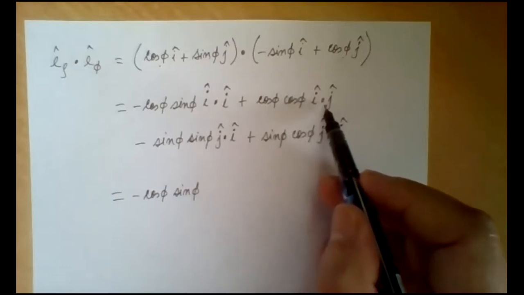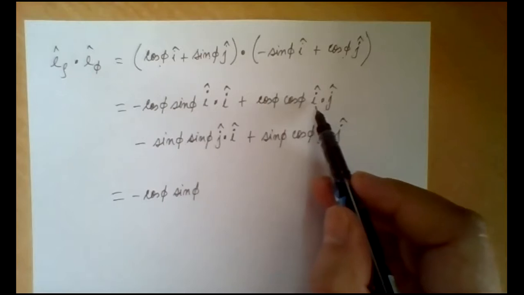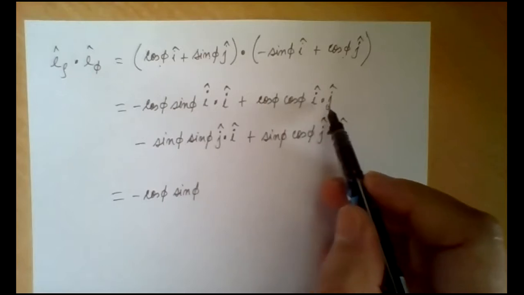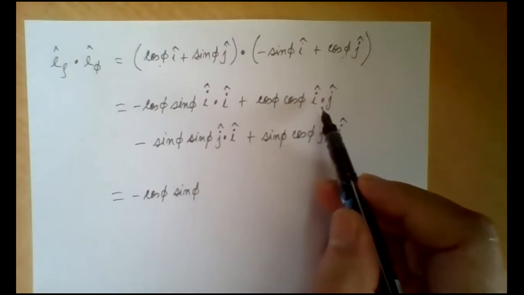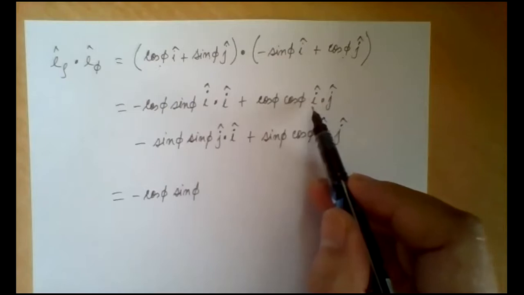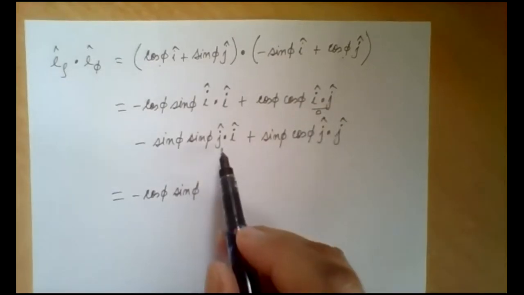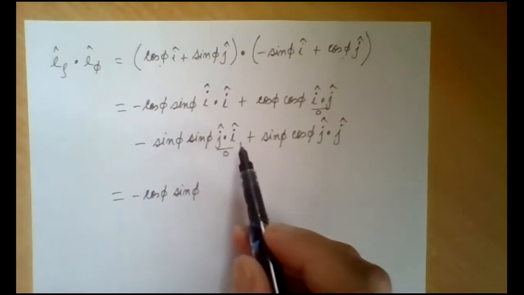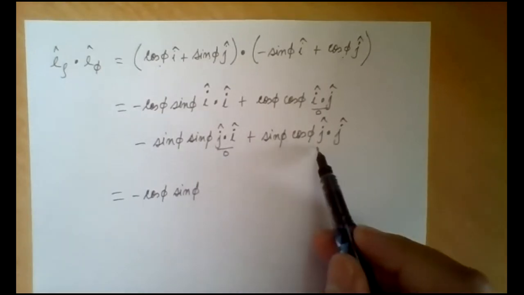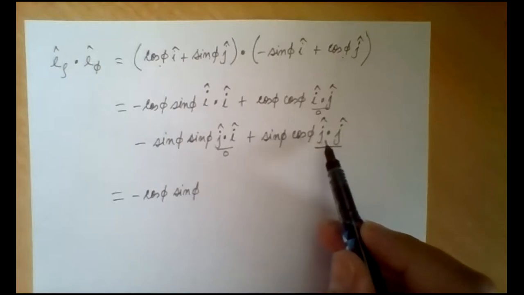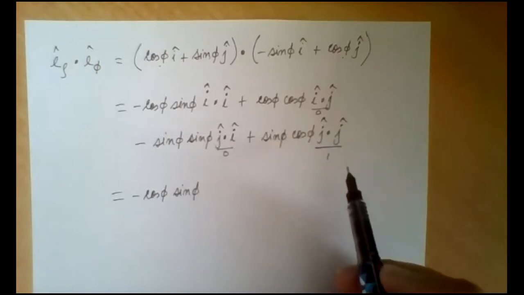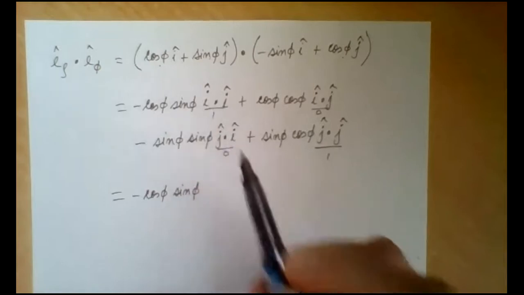The dot product of two perpendicular vectors is 0. So this is 0. Similarly, j hat dot i hat is also 0 since they are perpendicular. And j hat dot j hat is equal to 1.